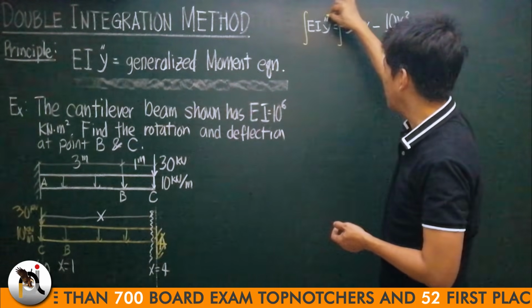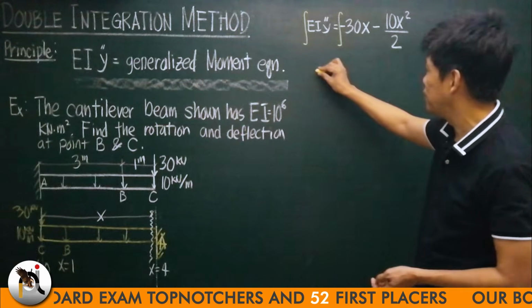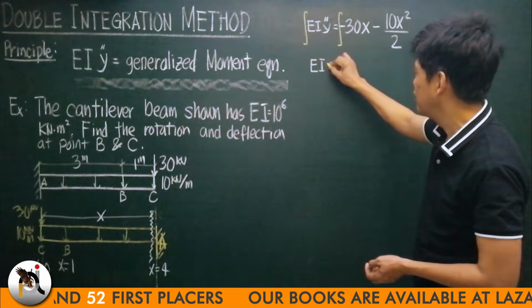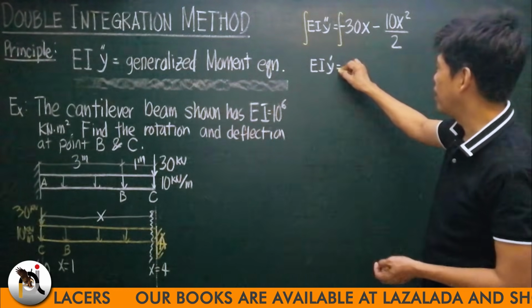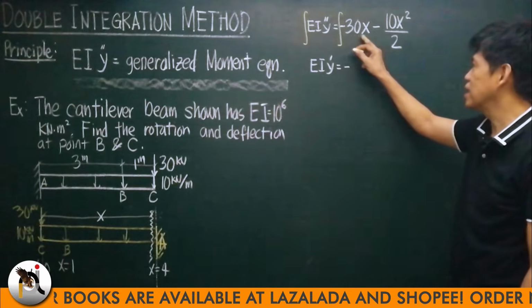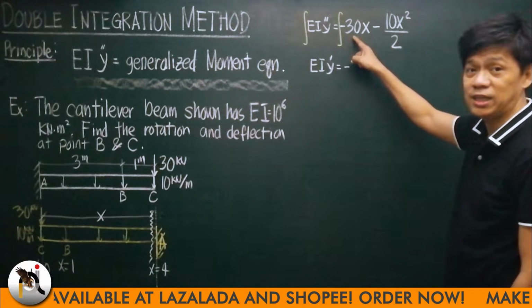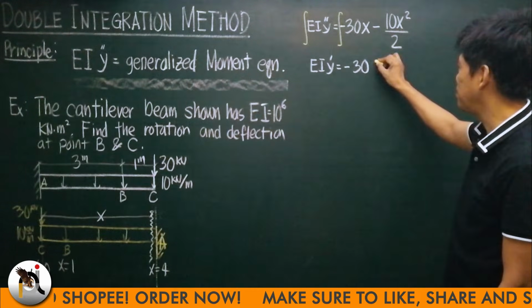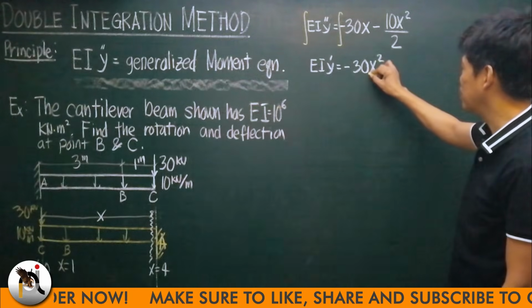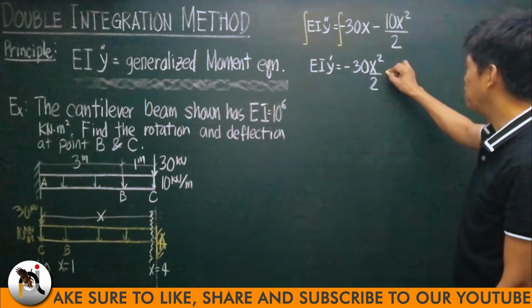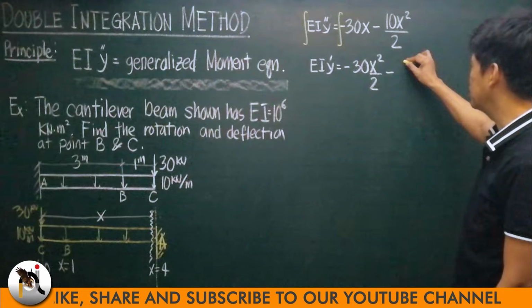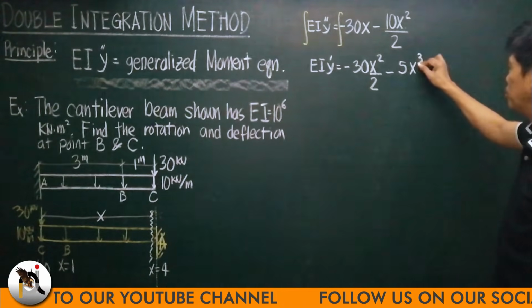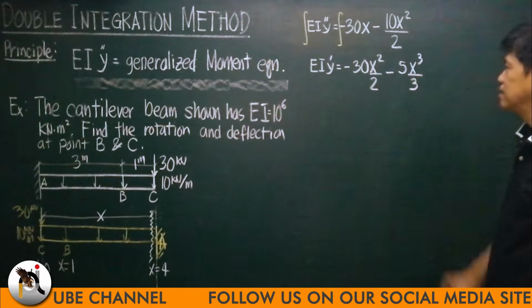So the integral of the second derivative would be the first derivative. So you will have EI y prime equals minus the integral of 30x, which is 30 times x squared over 2, by the power formula, minus 10 over 2, which is 5, times the integral of x squared, which is x cubed over 3.